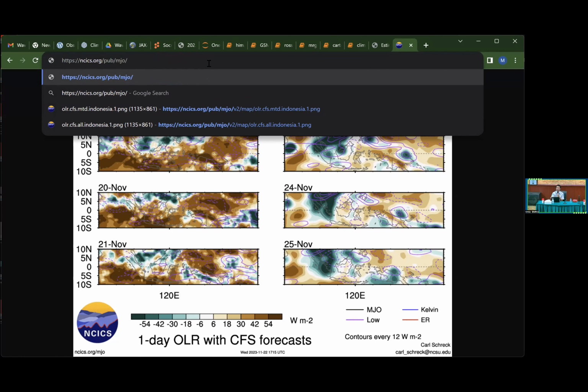This is CFS model data and also CDAS model data that we can download, so we can obtain the raw data.